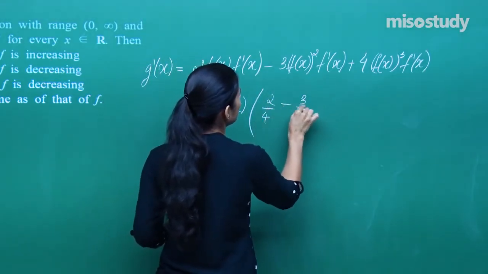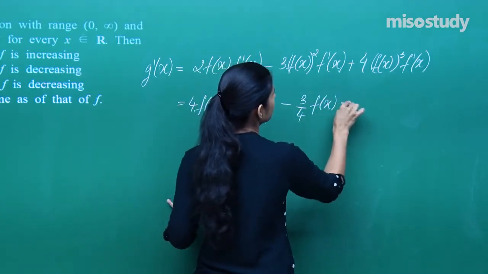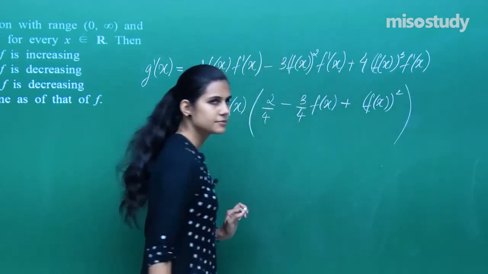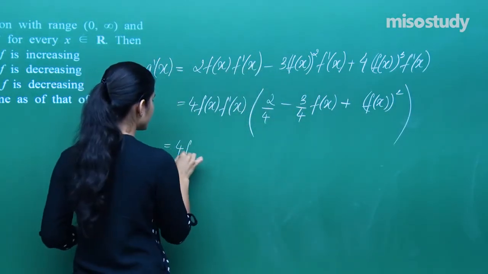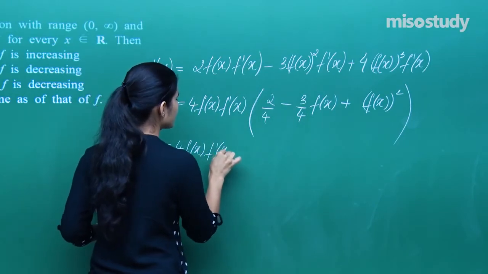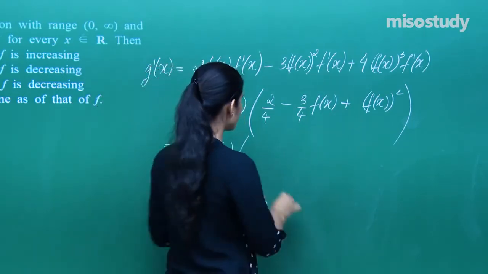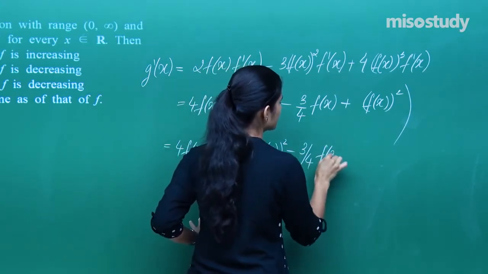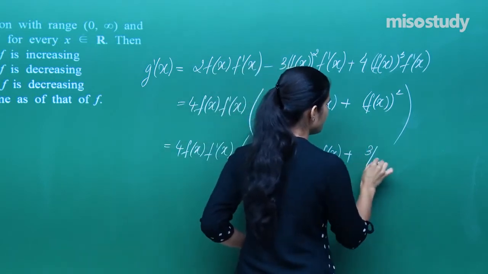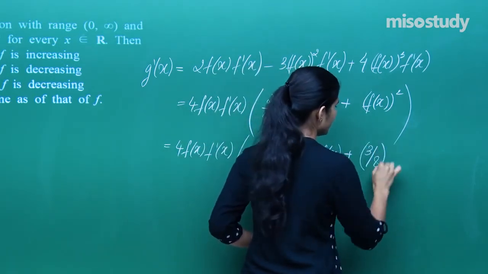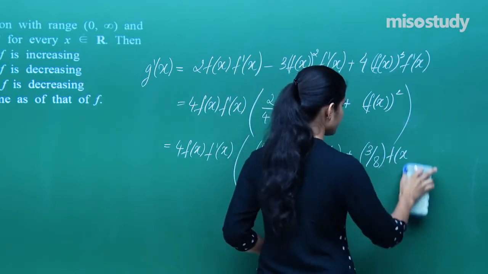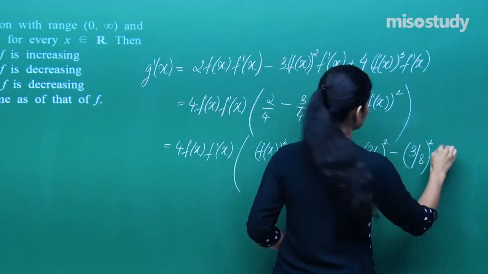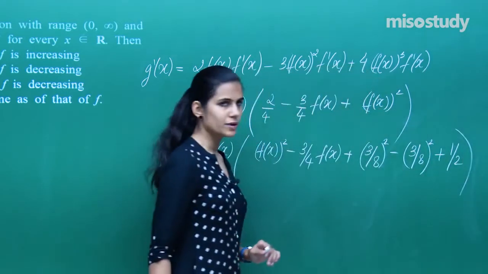1/2 minus 3/4 f(x) plus f(x) whole square, because 2 by 4 is 1 by 2.